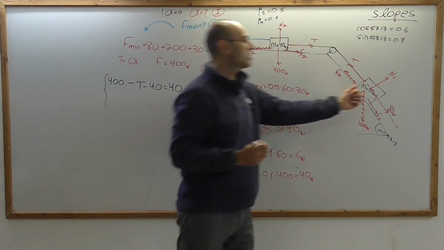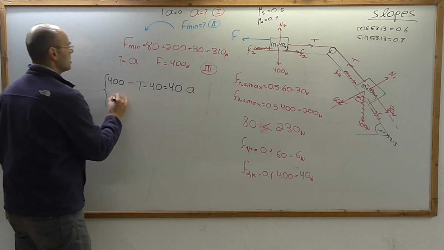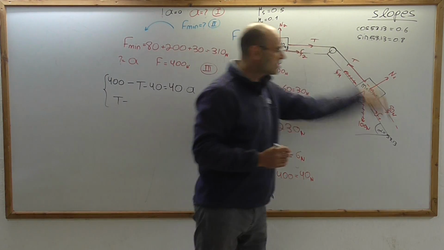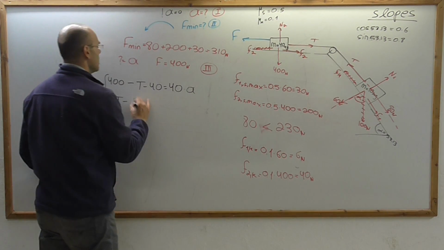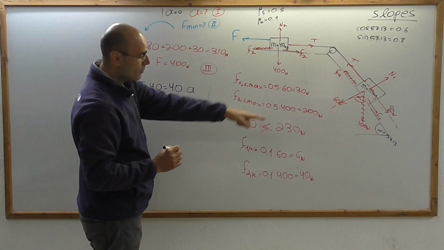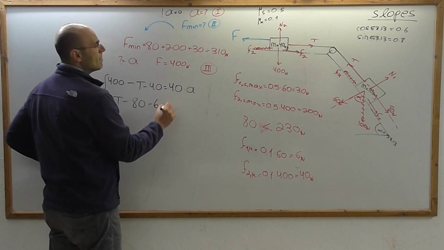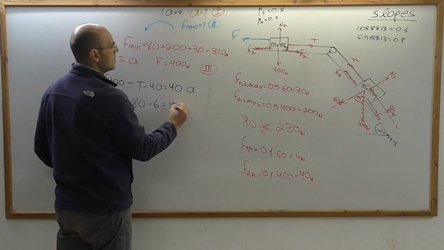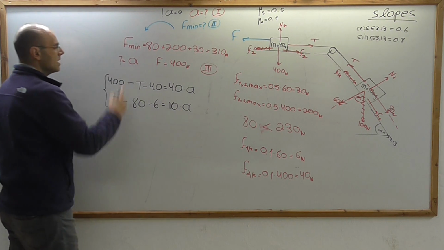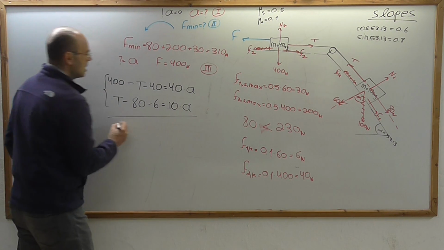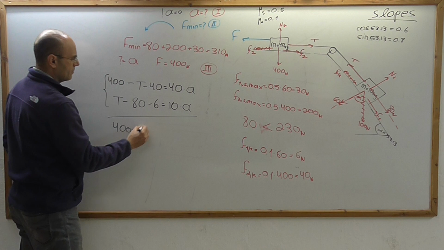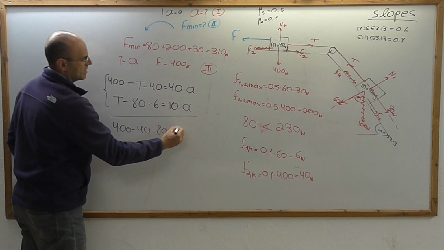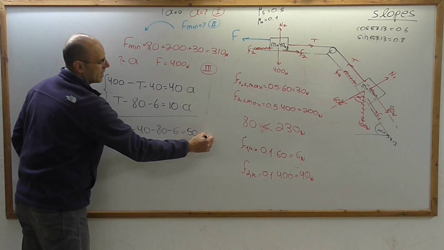And this one, all the forces in the moving direction, which is T, minus all the forces in this direction, which is 80, and minus the kinetic force, which is 6, must be equal to the mass, which is 10, multiplied by A. Let's add them up. 400 minus 40 minus 80 minus 6 equals 50A.